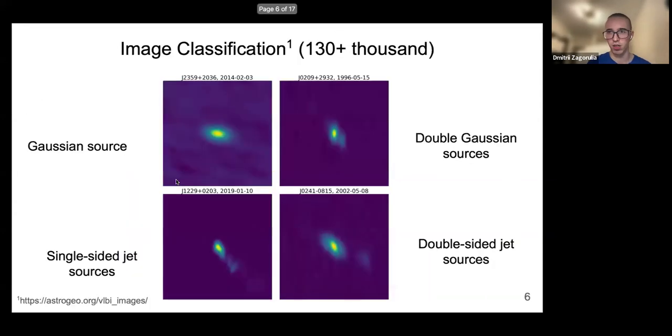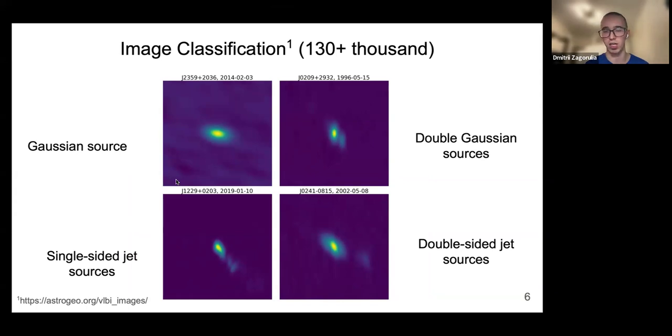So let's state our research problem. We have a data set, the Astrogeo data set, that contains more than 130,000 images for more than 20,000 objects.